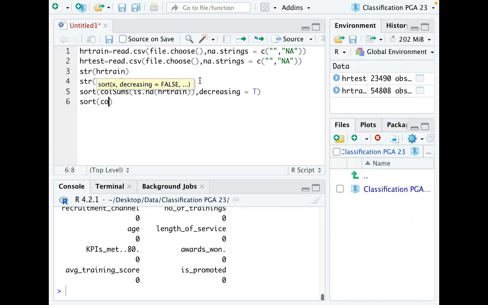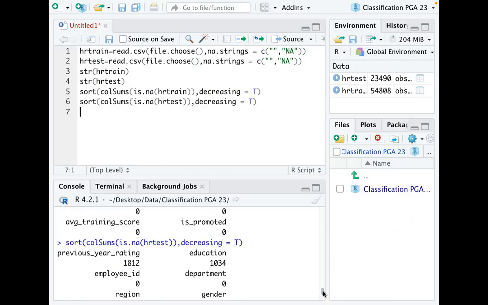Similarly, sort columns is dot na HR test, decreasing is equal to true. Yeah, control enter.